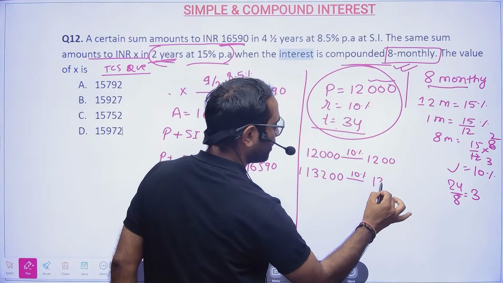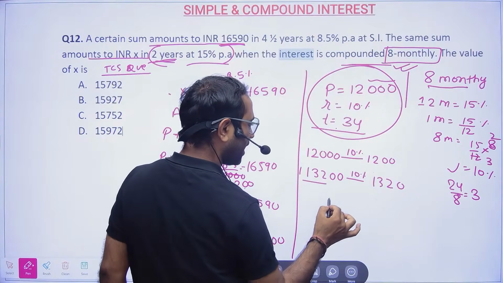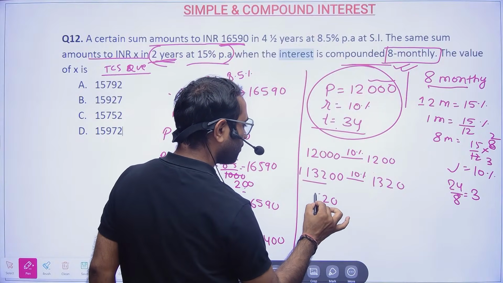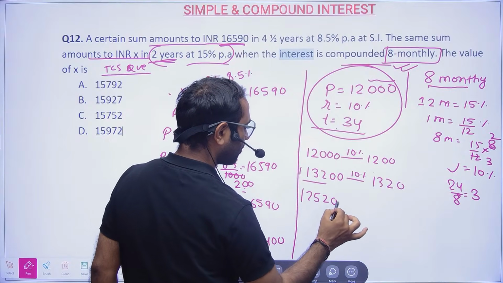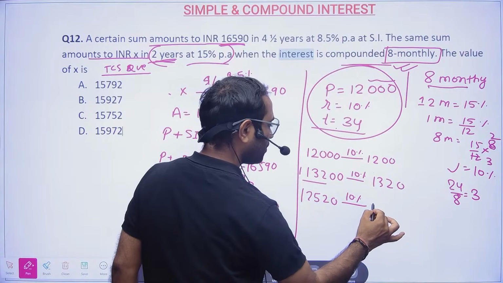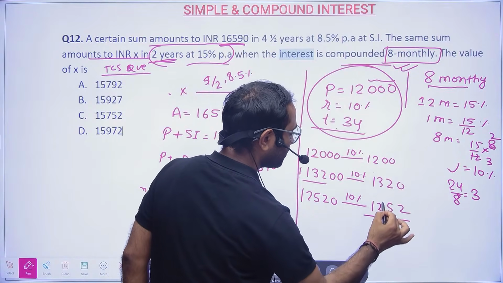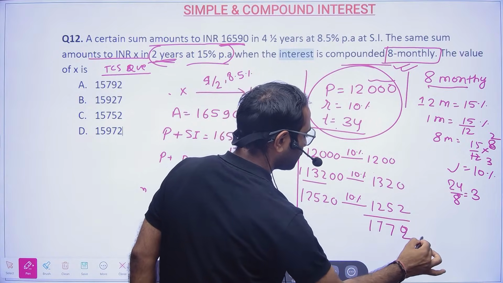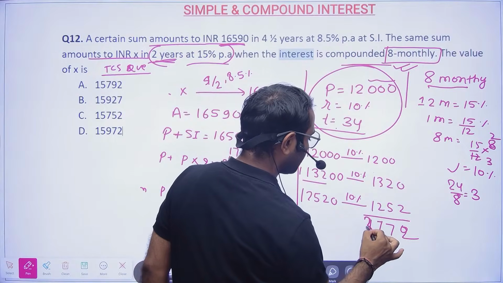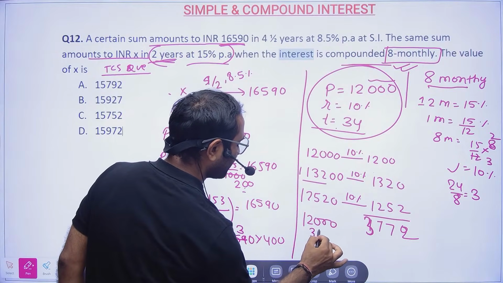So it will be 1320. Now again add this to this. So if we add, 10% will be nothing but now 1252.